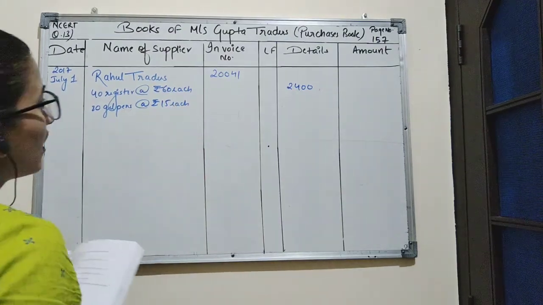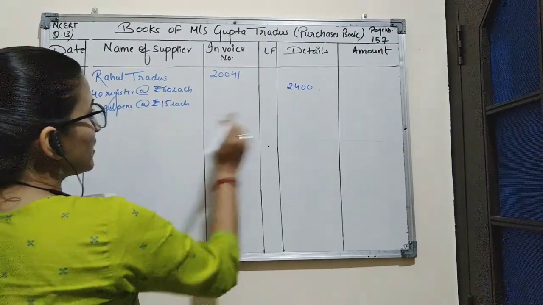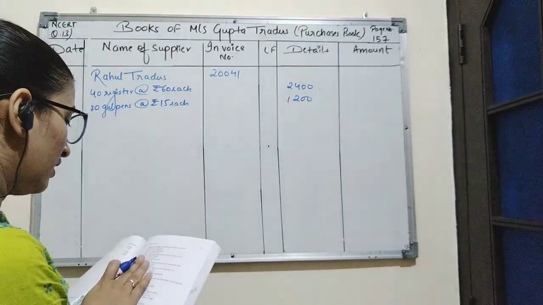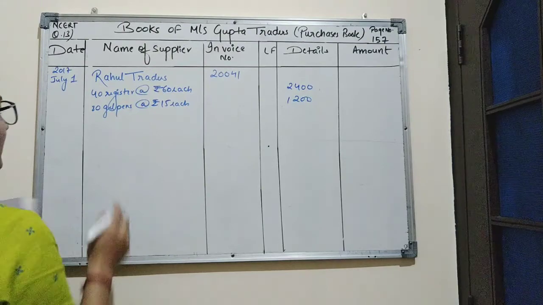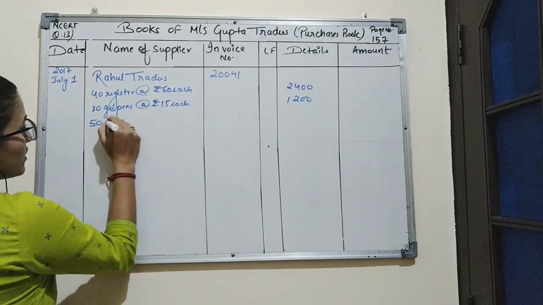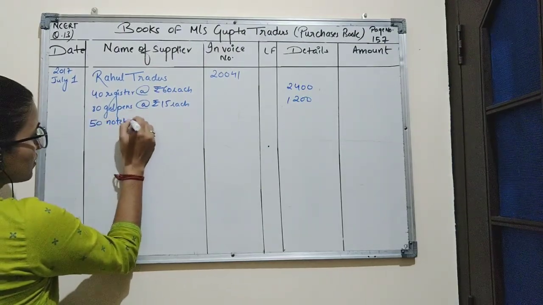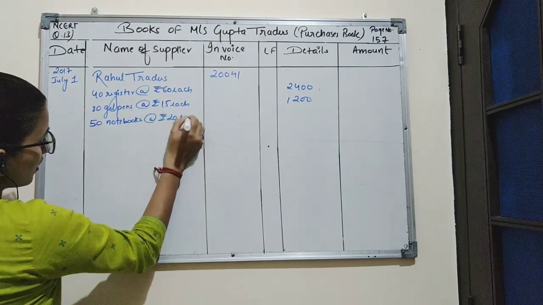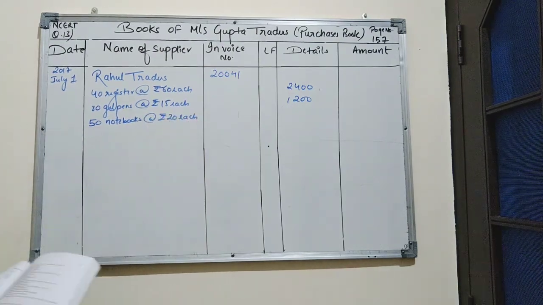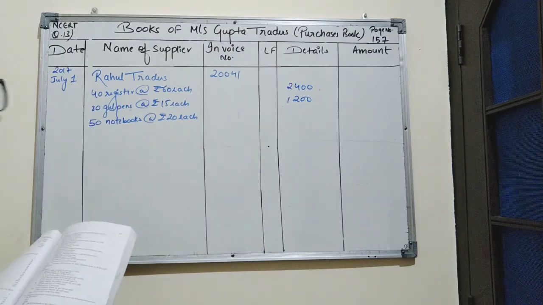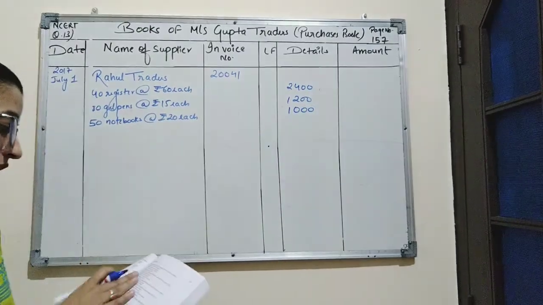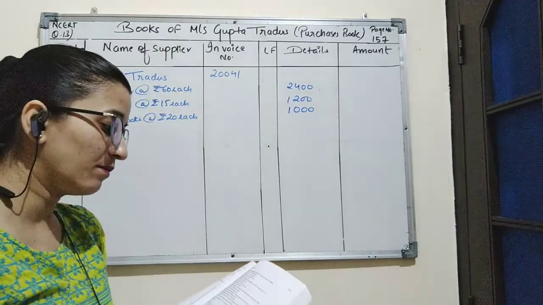That means the amount will be 80 into 15, 1200. Third is 50 notebooks at the rate of rupees 20 each. So here the amount will be 50 into 20, which is 1000. Now there is a trade discount of 10% also.